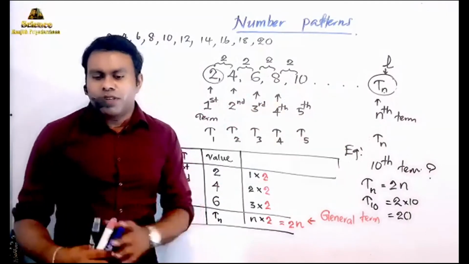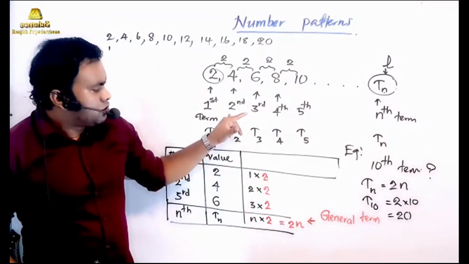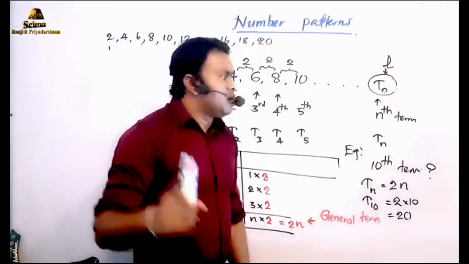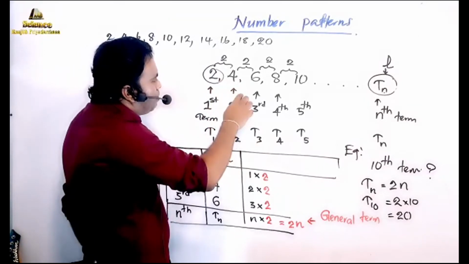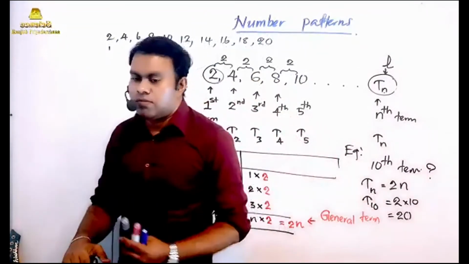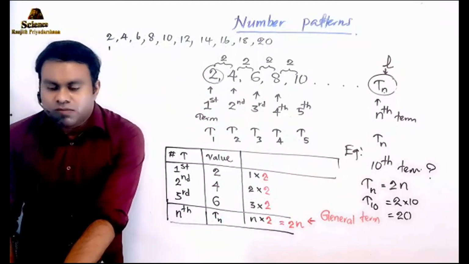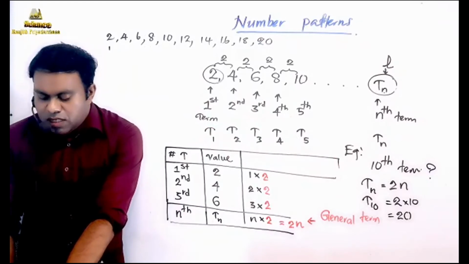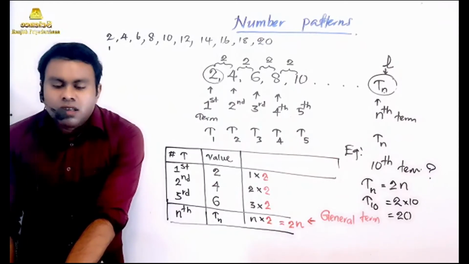Good. Next point, take down. Each term of a number pattern is separated by a comma.